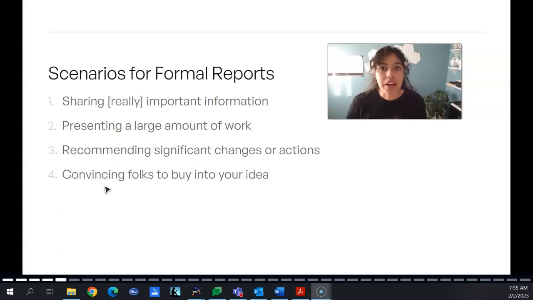And in the process of convincing somebody that this is a good idea, you inherently are going to have important information, probably a large amount of work, and be talking about something significant. So those are maybe the 4 most common scenarios that you might encounter. Of course, there's more, but I'd say that's the biggest themes or chunks where we tend to see these reports showing up.